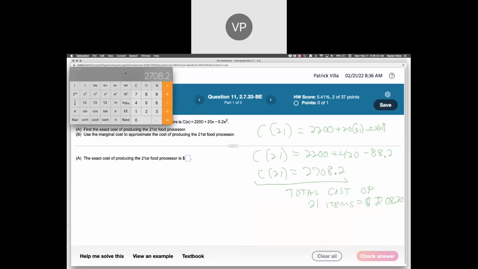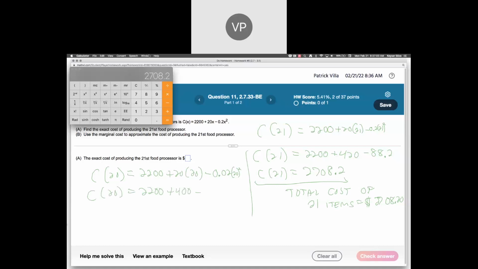Okay, now what I have to do is, same thing, I want to figure out, well, what was it when we only made 20 of them? So I go back to that original equation and plug in 20. Like I said, don't feel you need to do this all in one step on your calculator. Write some steps out just so you can see what's going on here.